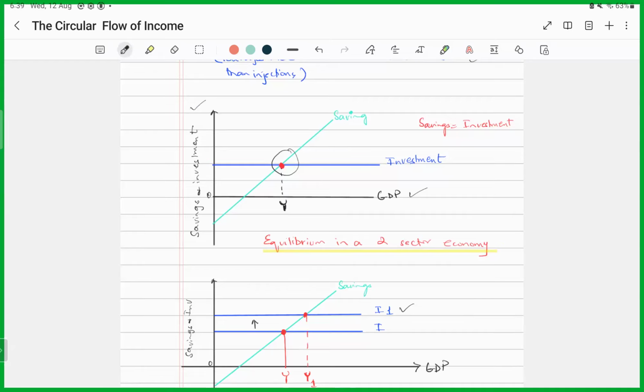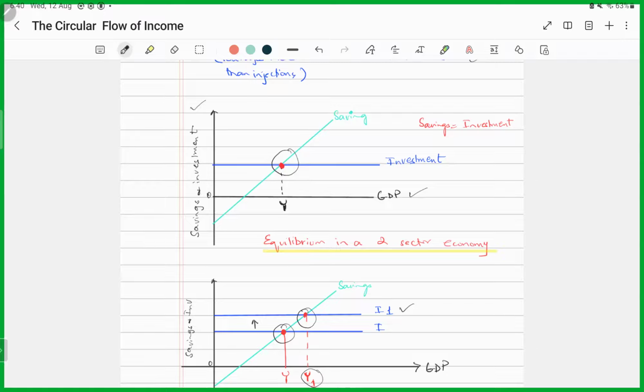Notice the initial equilibrium was at Y, where the level of investment was equal to savings. When the level of investment rose, the output level rose from Y to Y1, right? As a result, there was also an increase in the equilibrium position.